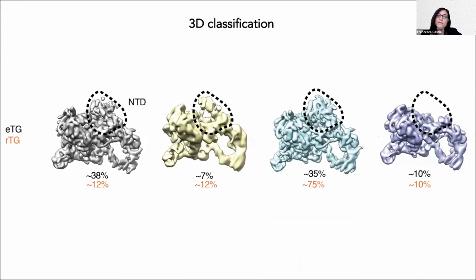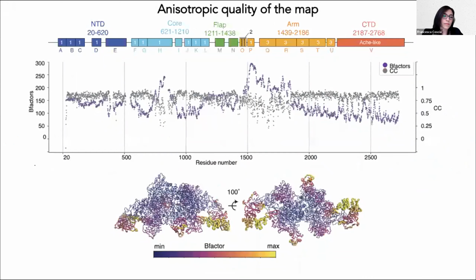So the question is if I could do just C1, is that the question? The question is, is there any reason applying the C2 was not enough to get high resolution and you had to go for symmetry expansion? Well, I tried. I mean, it's a dimer, so you want to apply C2.